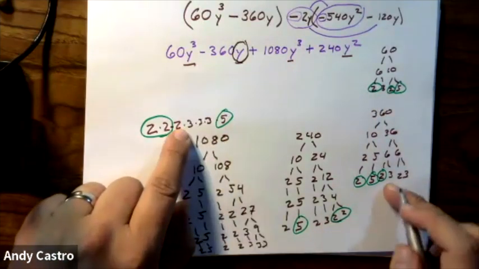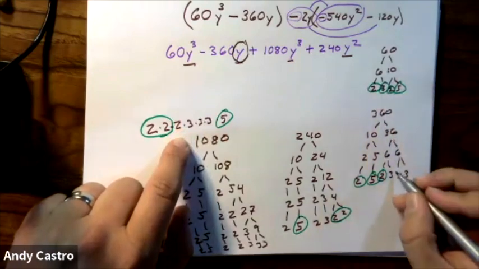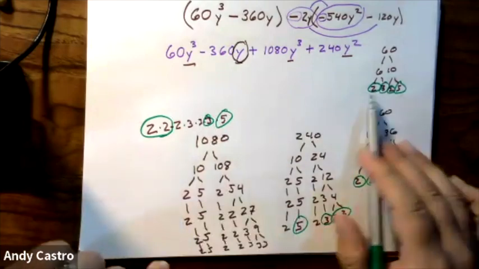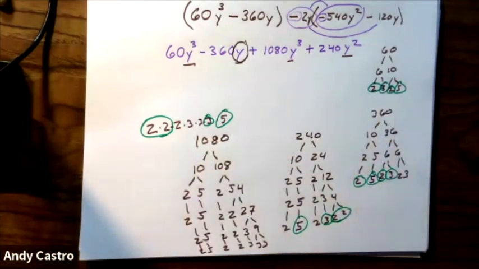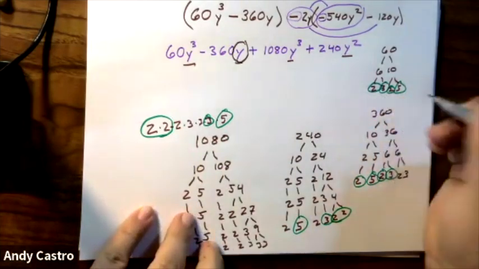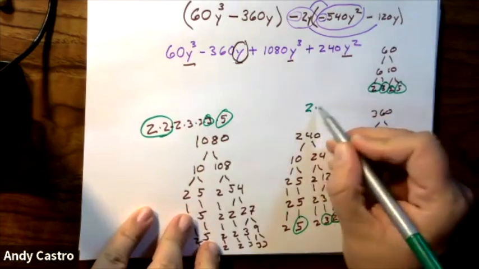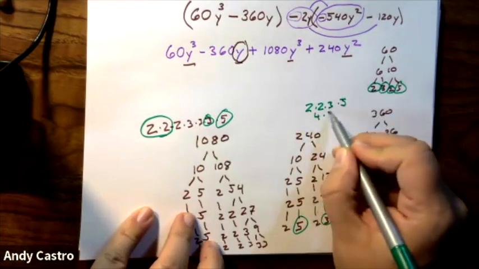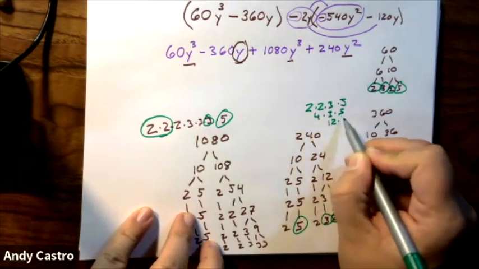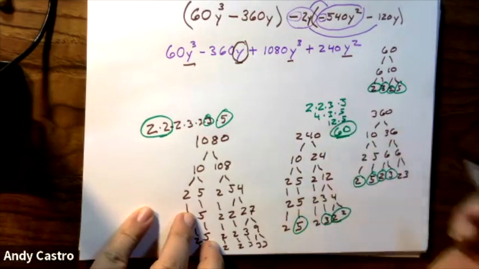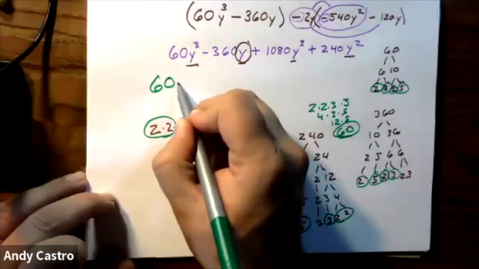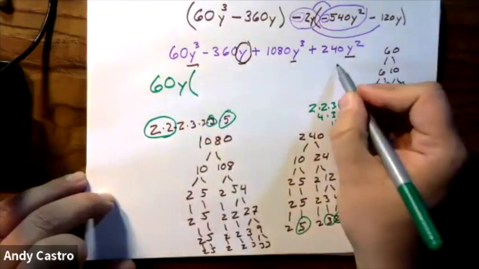There's a 3, there's a 3, 3 to 3. Good. 3, 3, 3, and 3. And we pulled the entire 60 out. So that's how we know we're pulling 60 out. So what do they have in common? 2 times 2 times 3 times 5. That's 4 times 3 times 5. 12 times 5, 60. They have 60 in common. So we're going to pull a 60 and a y out.